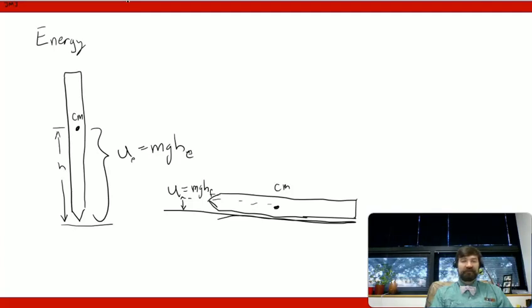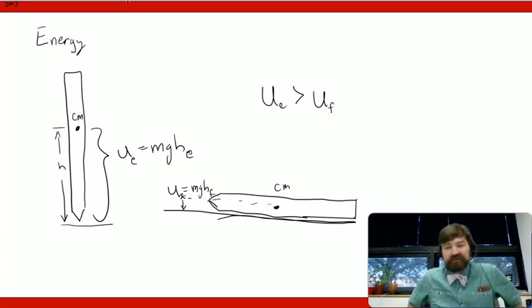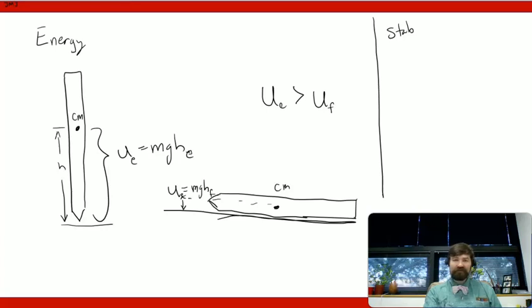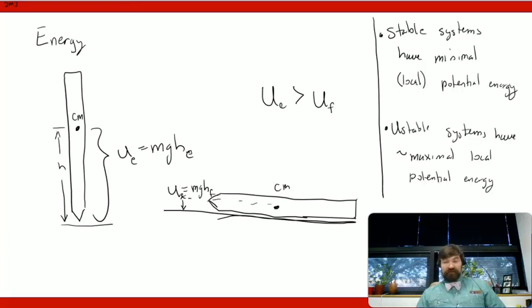So obviously the erect energy, U_E, is greater than the flat energy. So one way of looking at stability is to ask, what is potential energy for that system? And the key is that stable systems tend to have minimal potential energy. Unstable systems have maximal local potential energy, and for neutral systems, basically the potential energy doesn't change.